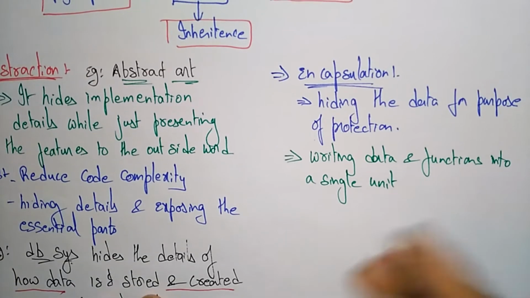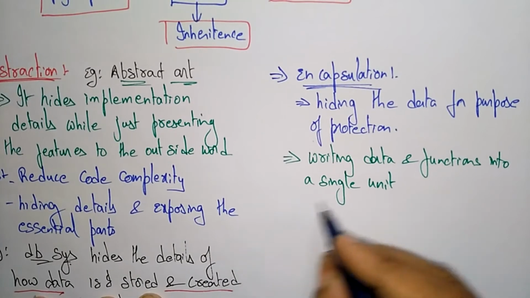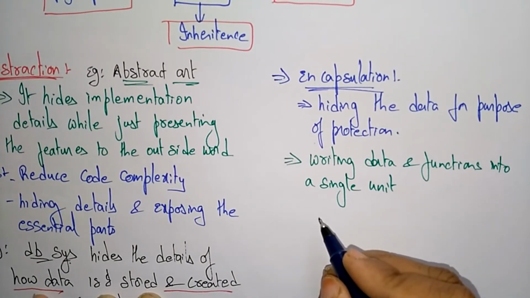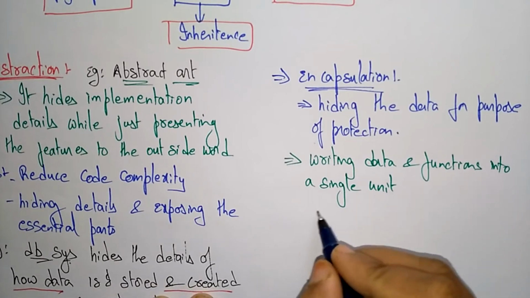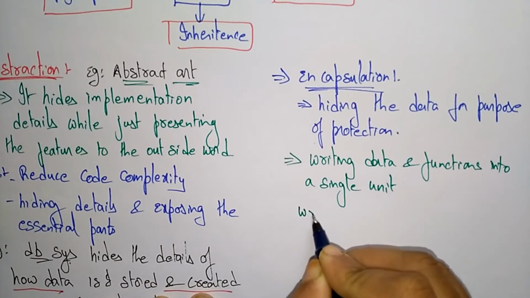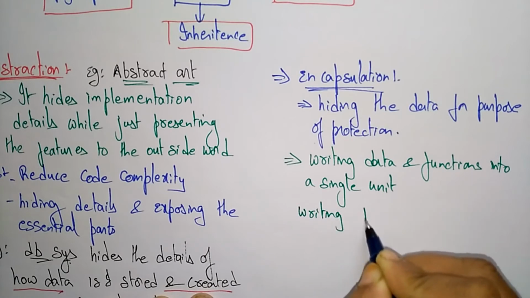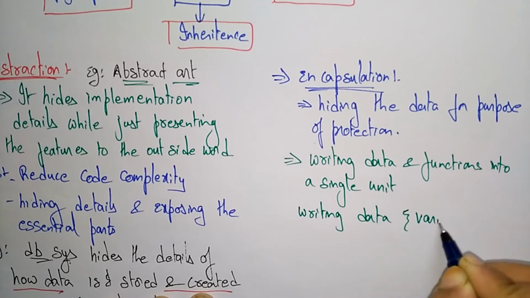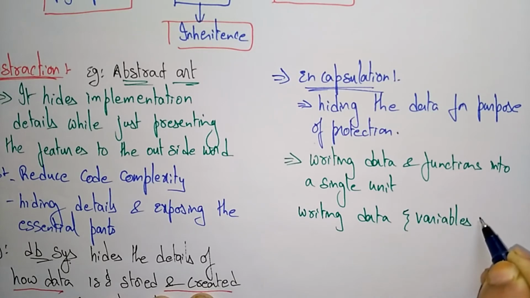So here you can take a simple program. Encapsulation is nothing but writing data. Data is nothing but variables. Variables have a set of properties, like some different variables that are created.